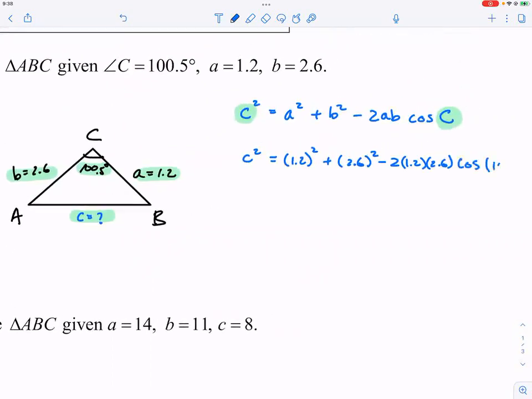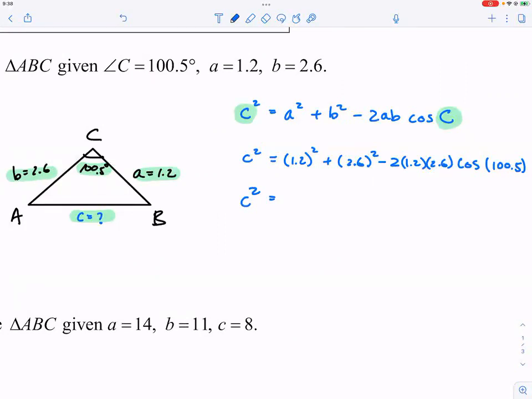cosine of 100.5 degrees. All right, now remember that this is C squared, so your notation would help you very well. And what you do, just type everything into the calculator. 1.2 squared plus 2.6 squared minus 2 times 1.2 times 2.6 times cosine of 100.5.